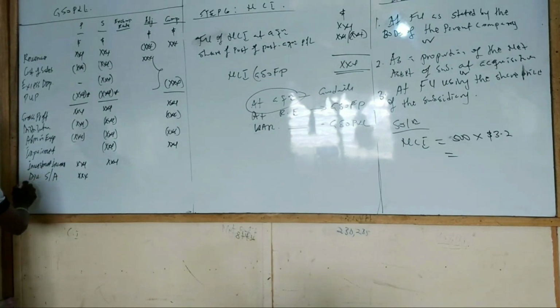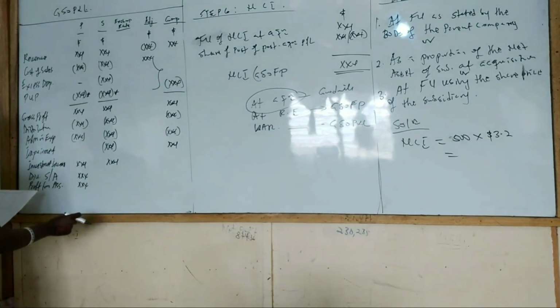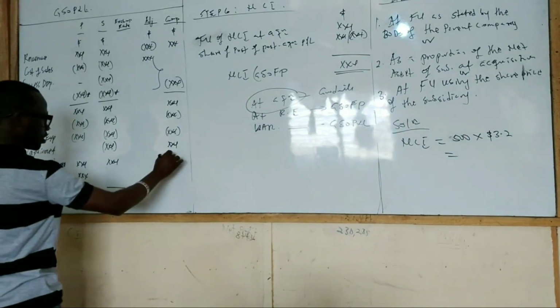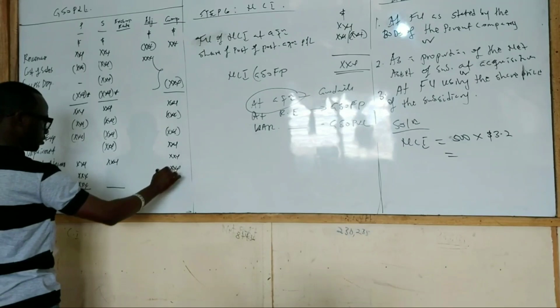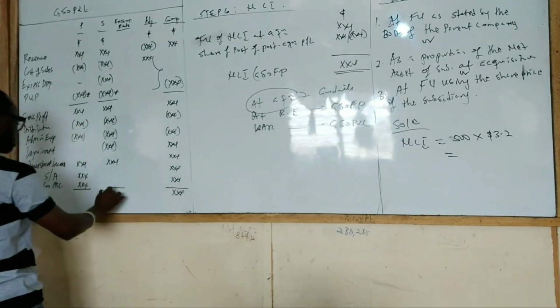Then profit from associates will also be brought. Then this is profit before tax.